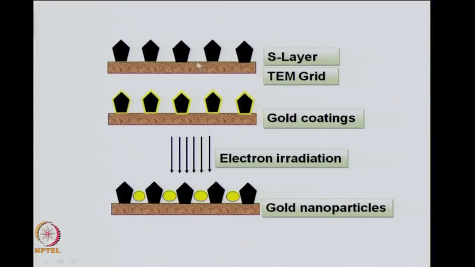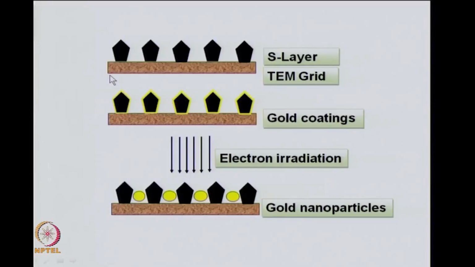Once it is on the TEM grid, then you coat this S layer with gold. Suppose you are able to coat these S layers with gold, because these biomolecules are functionalized, and you can have thiol groups, and to the thiol groups you can attach gold. So, suppose you can coat gold on these surfaces.